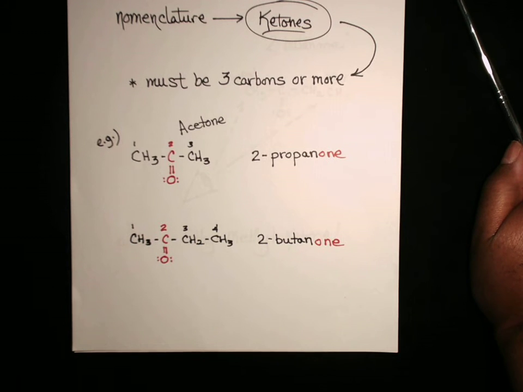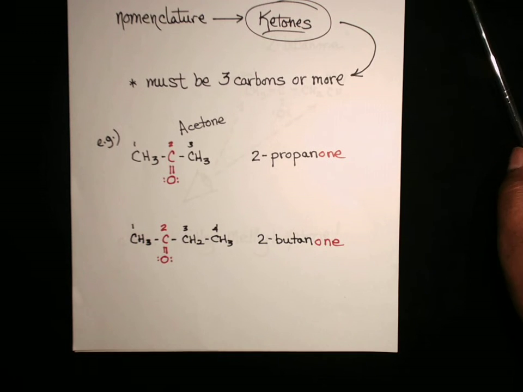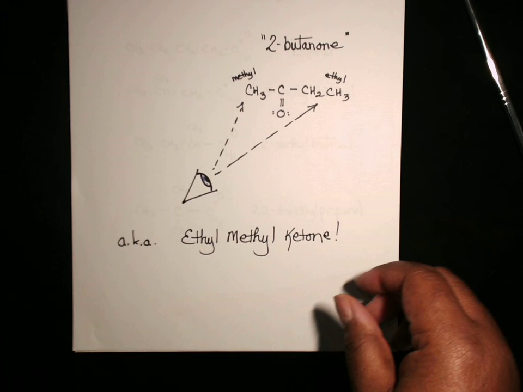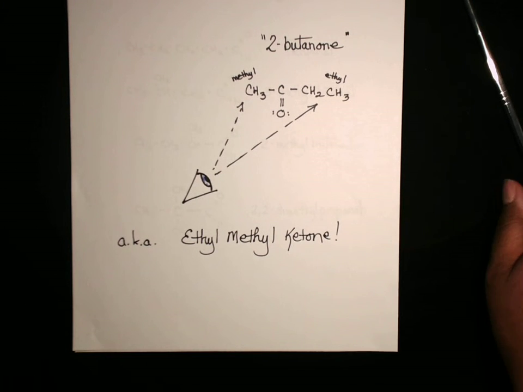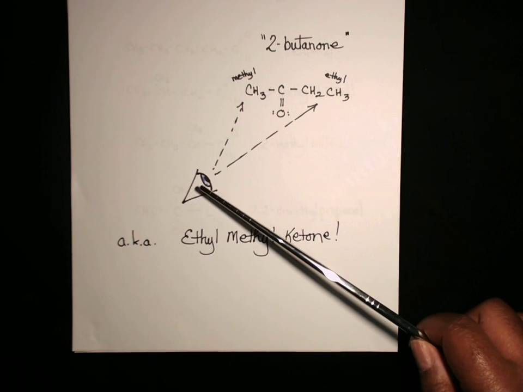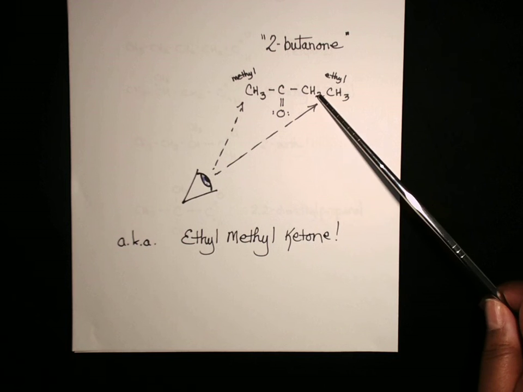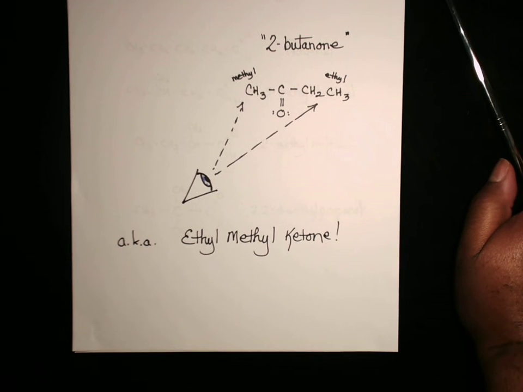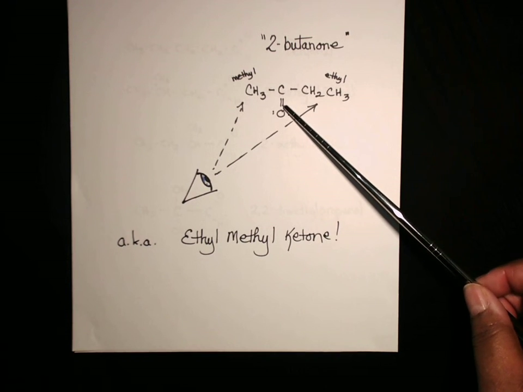Now, if you've done a little bit of reading, you may know already that there's more than one way to name a ketone. And I'm going to use 2-butanone as my example. So here's the 2-butanone. Now, if I'm looking at this compound, obviously the most striking feature in 2-butanone is the carbonyl carbon.